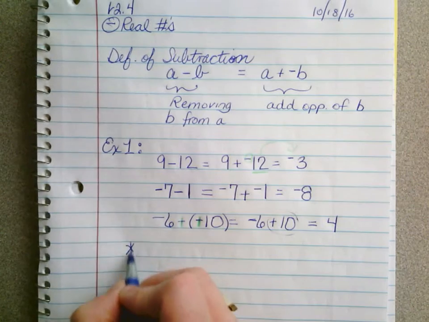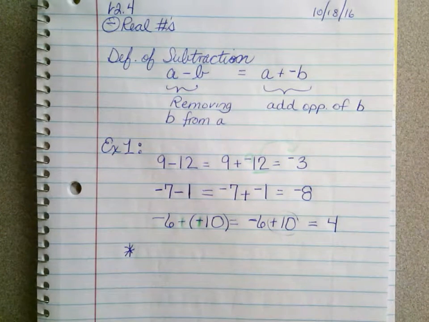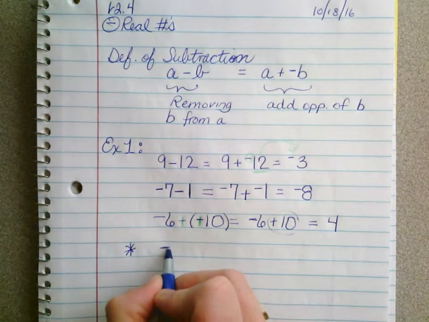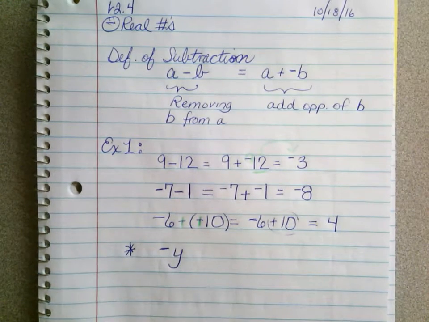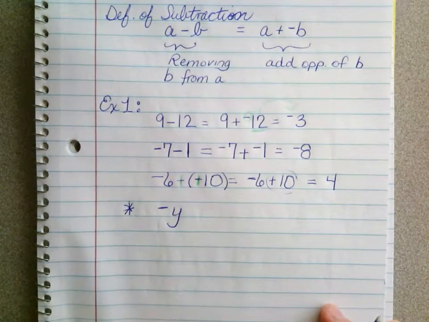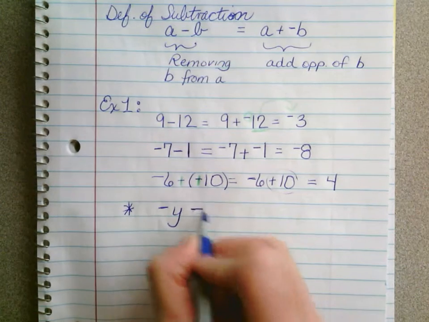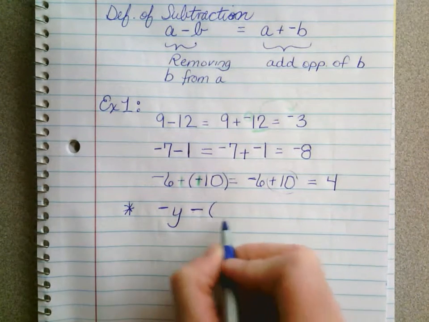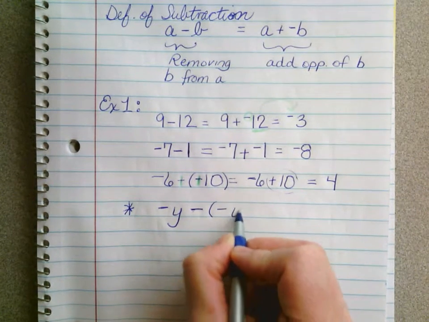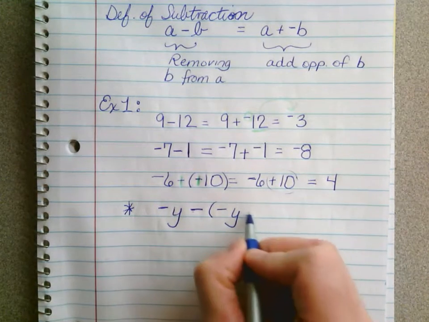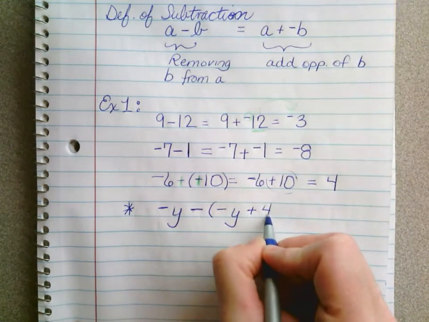This last one, I'm going to do a couple like this, okay? Say you have a negative y. And from that negative y, you remove a negative y and a positive 4.